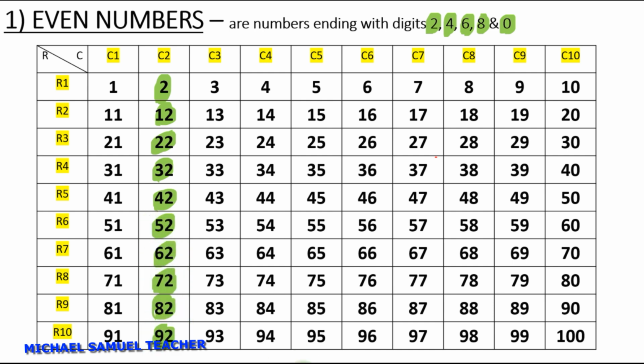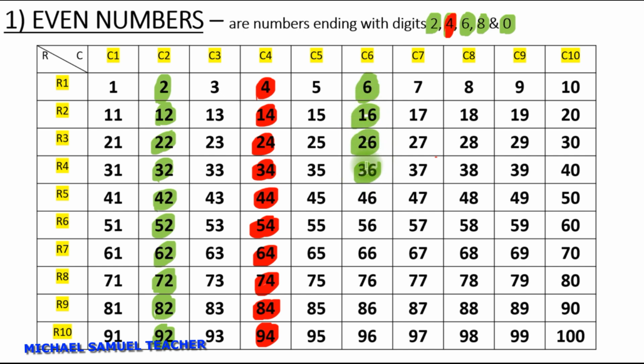Then we also have numbers ending with the digit 4. In column 4, we have these numbers that end with digit 4. They are all even numbers. Then we have numbers ending with digit 6. In column 6 we have numbers that end with digit 6.